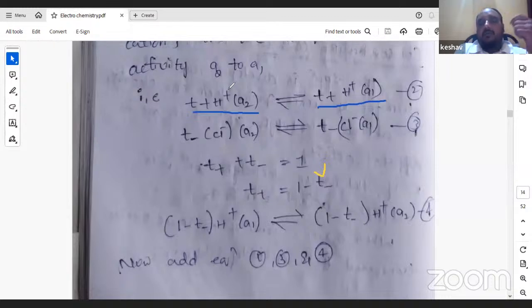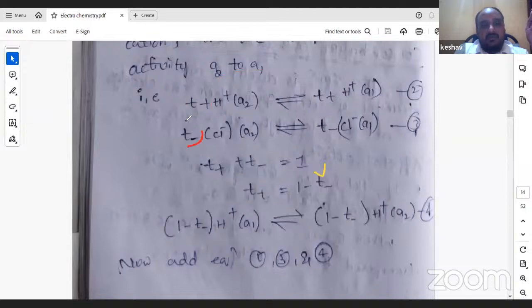But how many H+ ions are transferred upon application of 1 Faraday of electricity? That is its transport number T+, right? The T+ will be multiplied on both sides. And when the positive ions are transferred, automatically some of the negative ions are also transferred.